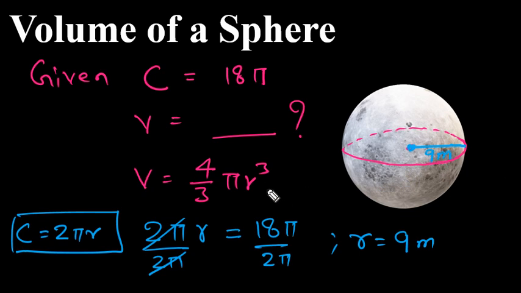Now after this it's very simple, just substitute the value here: 4 over 3 pi 9 to the power 3. Just solve it and you will get your final answer. So drop down the answer in the comment box if you want to, or else try it by yourself. Okay. Next question.